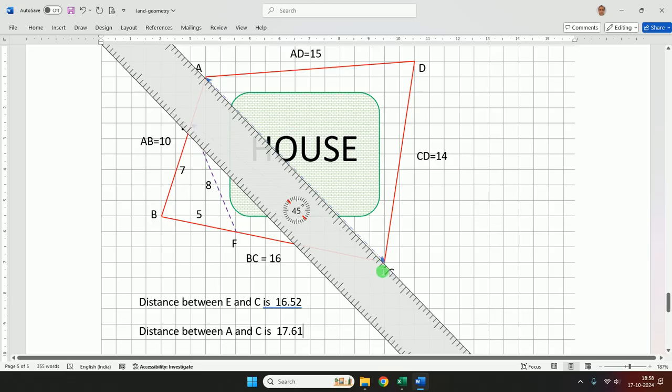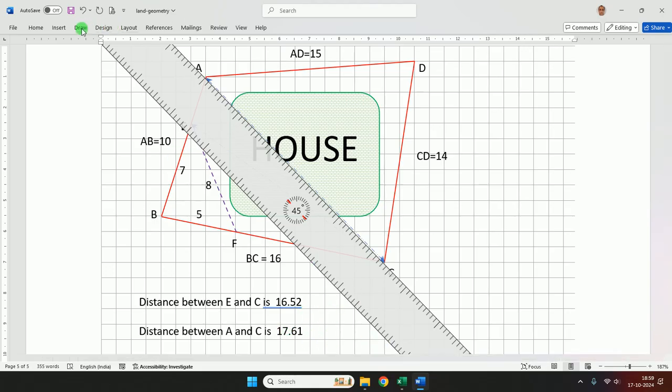So 53. 53 means how much? If you divide by 3, 3 17s are 51, then 2, and 2 divided by 3 is 0.66. So 17.66, and here the answer we are getting is 17.61, and scale says 17.66. It's quite accurate, so it is giving an accurate result.